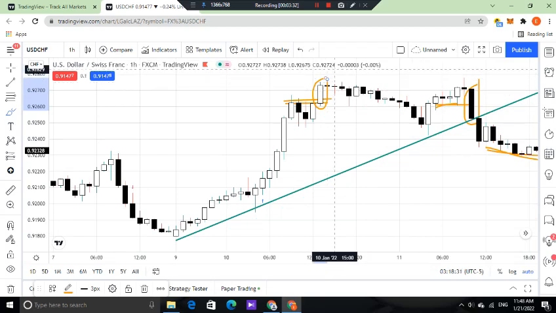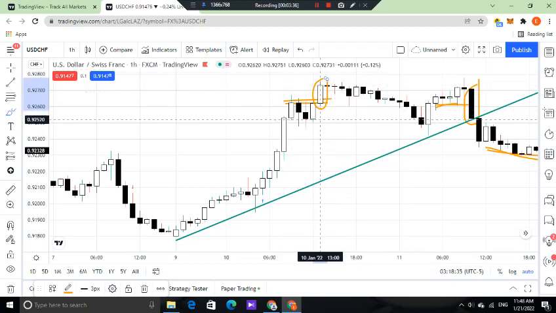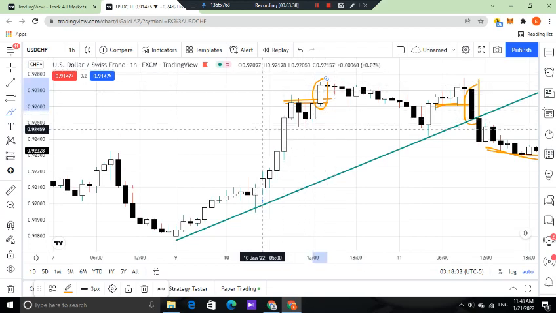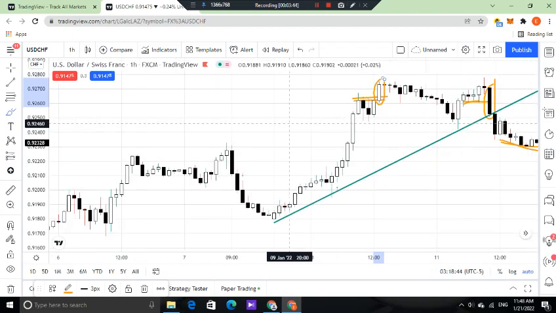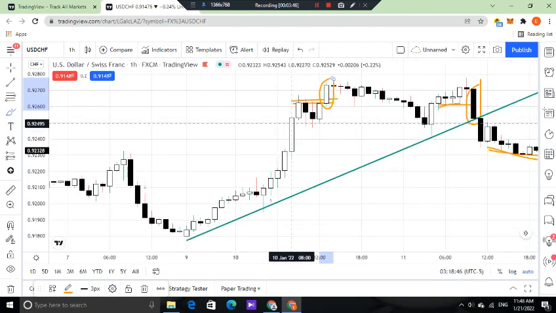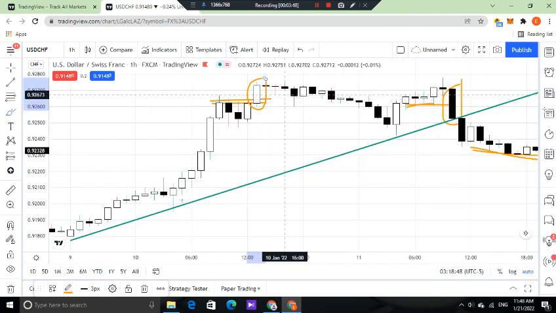Some say the climax should be bigger than the last 10 or 20 candles.